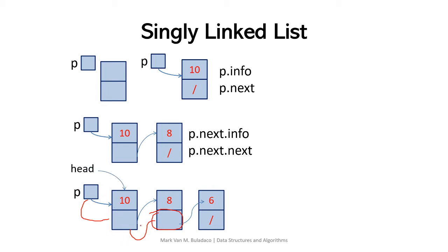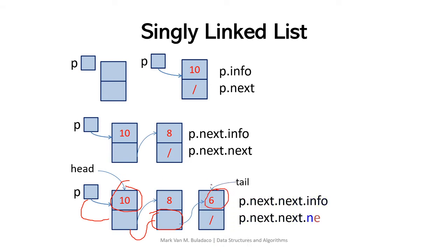So take note that in a linked list, it is important to identify what is the head and what is the tail. The head here is our 10. This is our head. And our tail here is the node 6. So again, if we are referring to p.next.next.info, we are referring to the 6. p.next.next.info refers to the node 6.